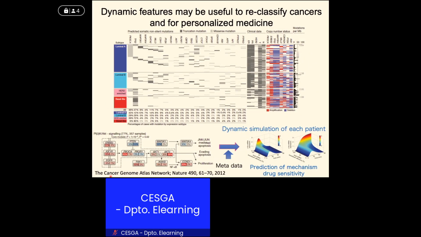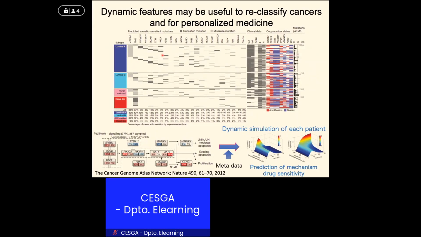This is data shown from an American group on breast cancer. Breast cancer is typically diagnosed as 4 types and treated in 4 ways: luminal A, luminal B, HER2 positive, and basal-like. That is the standard treatment for breast cancer patients.